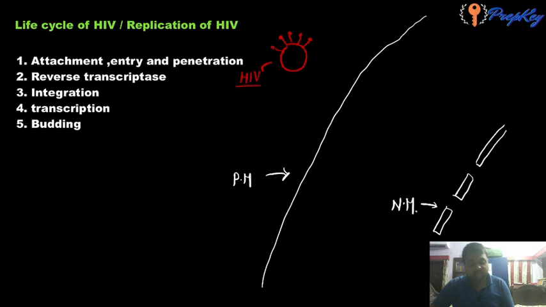Let's see what happens when the GP120 portion of HIV attaches to the receptors.